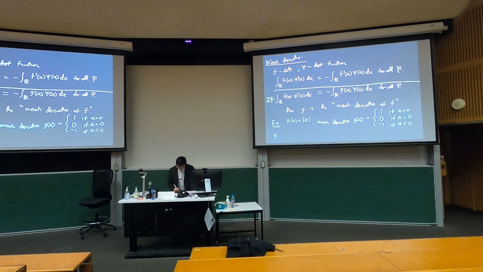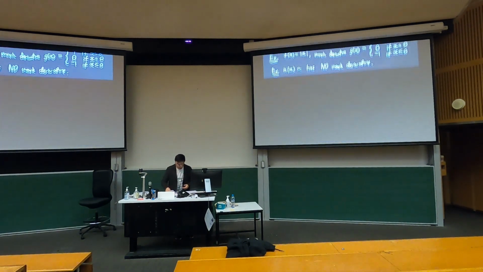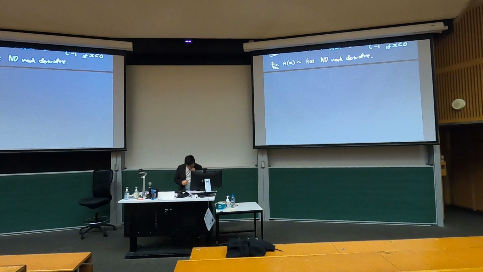However, we end up with another problem. For example, something like the Heaviside function that I defined earlier has no weak derivative. So it is not possible to find a single function g which can be the weak derivative of the Heaviside function. But that's okay, because the weak derivative and its behavior gives us an idea on how we define the derivative of a distribution.